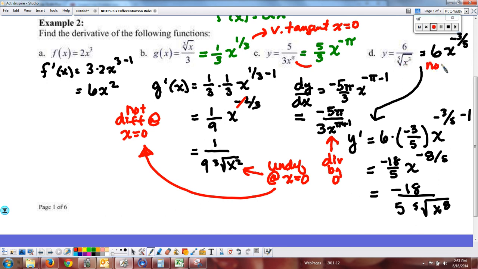It's not differentiable at x equal to 0 because you have a non-removable discontinuity. And when you get to your derivative rule, notice that this derivative is undefined at x equal to 0. The derivative being undefined means that the original function was not differentiable. So I thought I would mention that while I was here.